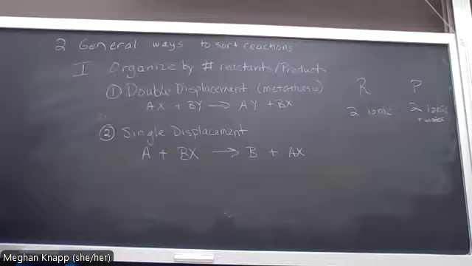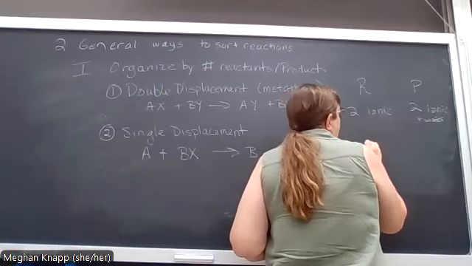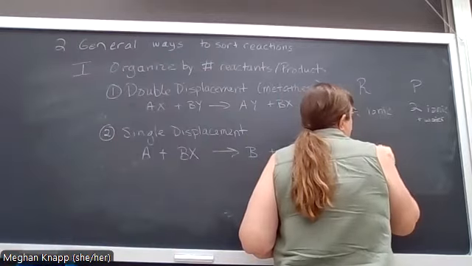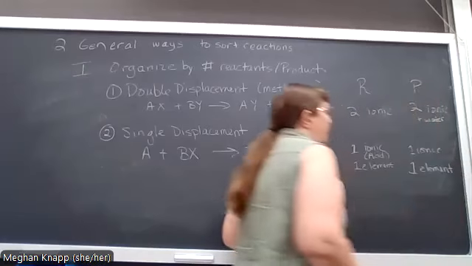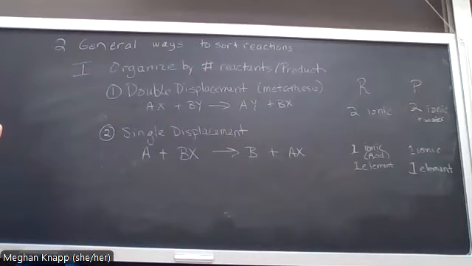So mostly we're counting products, but we do have to pay attention a little bit to what's there. So we have one ionic, or it might be an acid, and one element. And then our products will be one ionic and one element. So we can have two varieties of these.